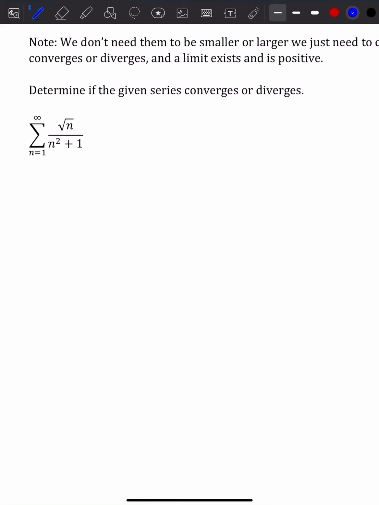So when I look at this problem here, the square root of n divided by n squared plus 1, I'm going to pick the square root of n and divide it by n squared. So the series that we want to compare it to is the same thing except without the plus 1. So n equals 1 to infinity of square root of n over n squared.